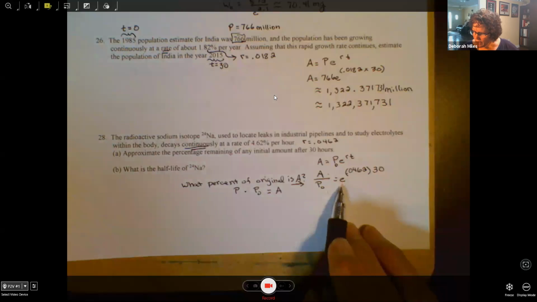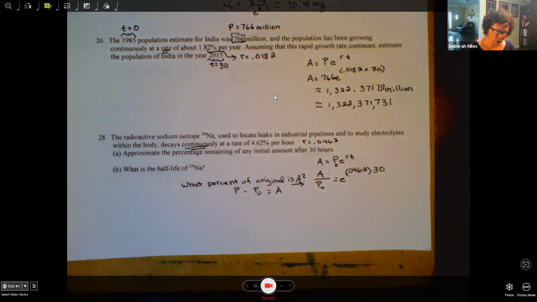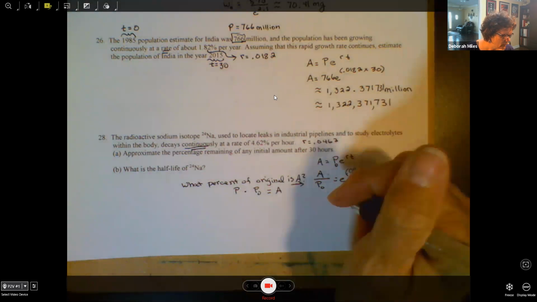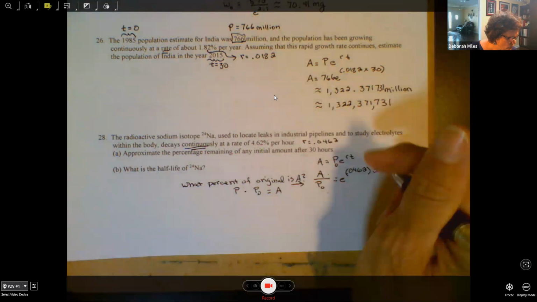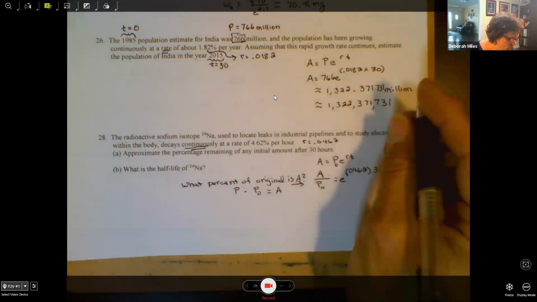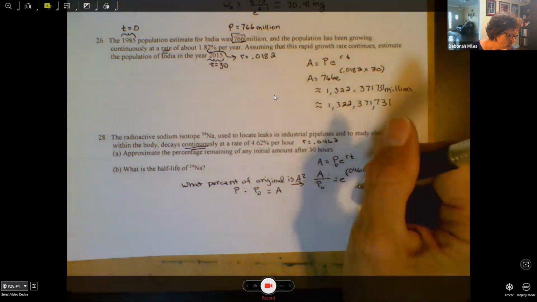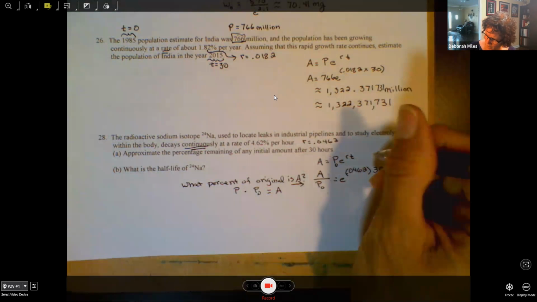So if I just have e to the 0.0462 times 30, I'm going to punch that on the calculator real quickly, and then raise e to that power. I get darn close to, wait, something's bugging me.